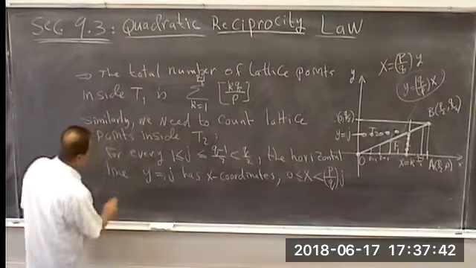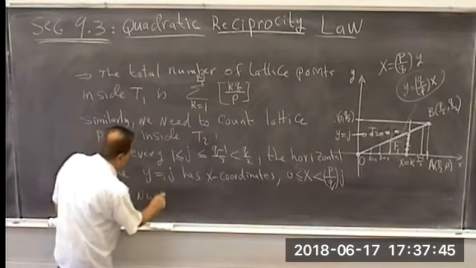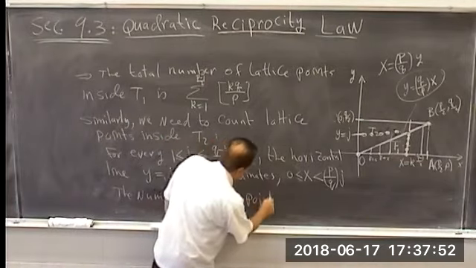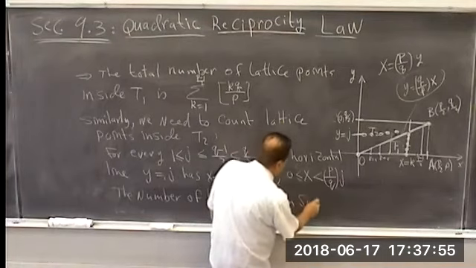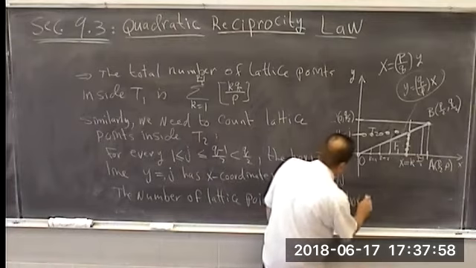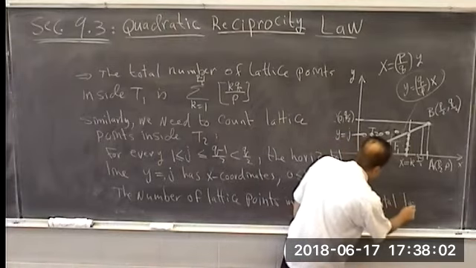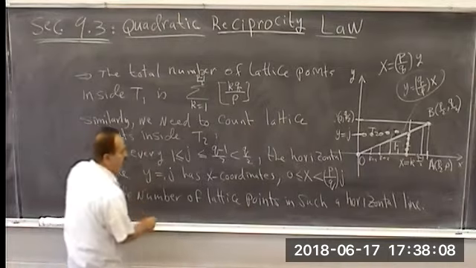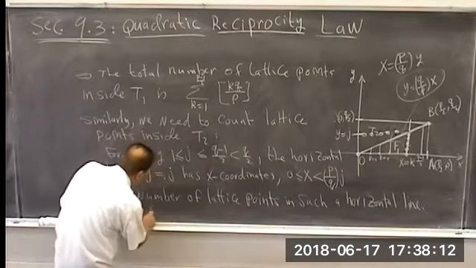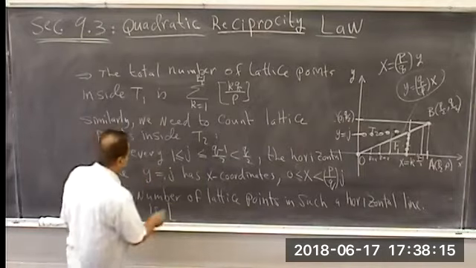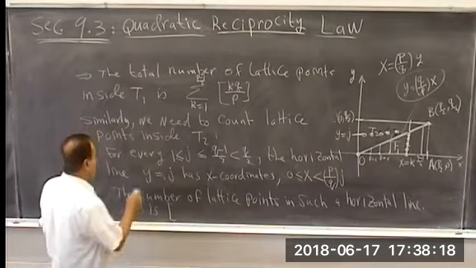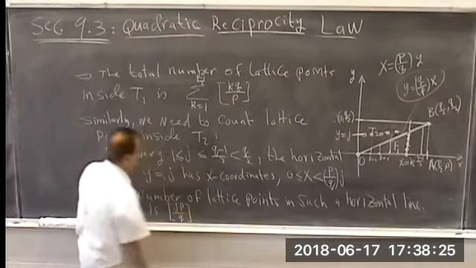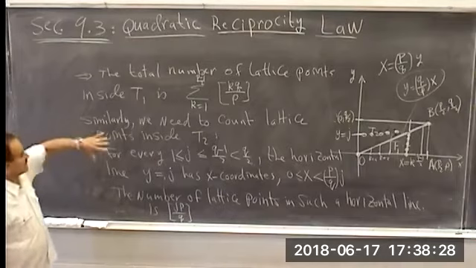So the number of lattice points on such a horizontal line, for every j, is given by the bracket of j times p over q. So it's similar to this, again, the same thing.